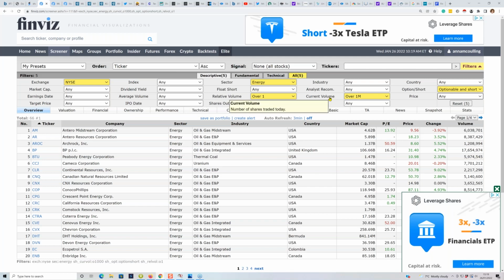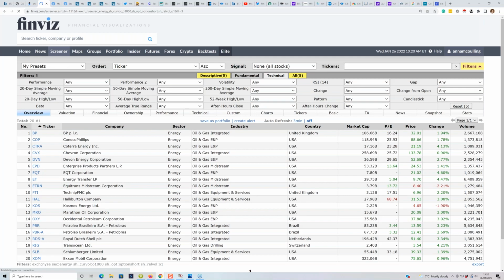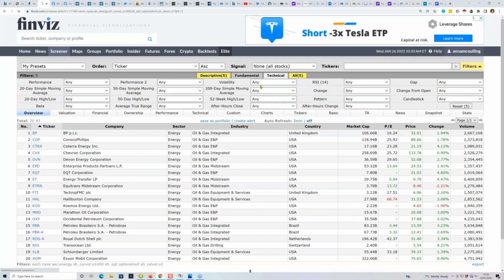I've gone for current volume rather than average volume, and I've got a million, the number of shares traded. So we want lots of activity going into the stock, optionable and short. What I've then done is on the technical side. I haven't actually done it yet, but I will do it in a minute. I haven't done anything on the fundamentals.